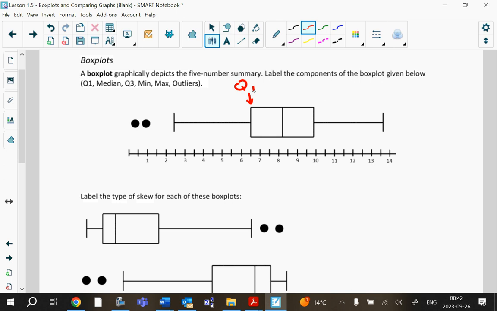Q3 is the part of the rectangle furthest right, a little under 10, close to 10. The bar inside the rectangle will be the median.